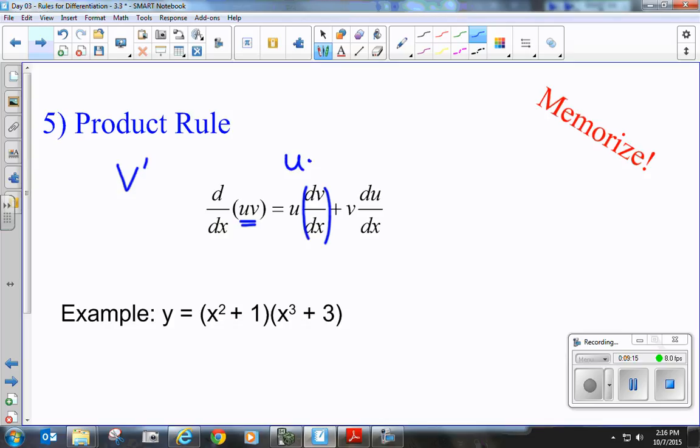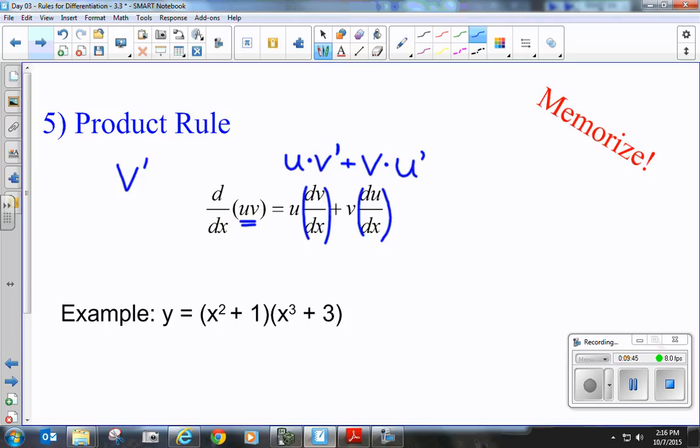And I multiply that times the derivative of the second function, v prime. Plus the second function as it is, times the derivative of the first. That's how you do any two functions being multiplied together. First, times the derivative of the second, plus the second, times the derivative of the first.